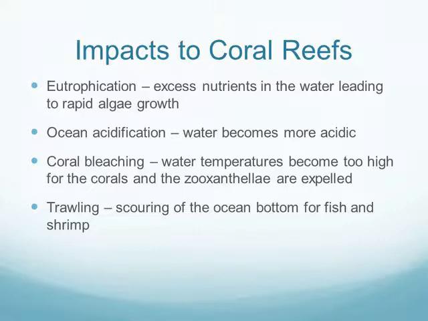And then trawling. Trawling scours the ocean bottom for fish and shrimp. When you trawl, that large net basically just scoops up whatever's at the bottom of the ocean. And if it's a coral, then it will either completely destroy the skeletal structure or damage it pretty significantly.